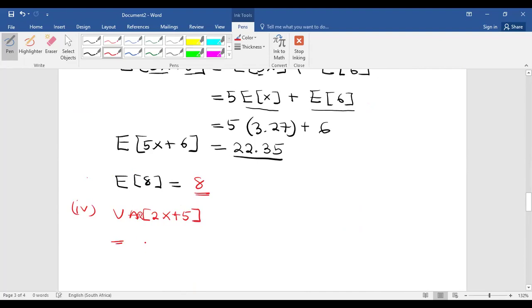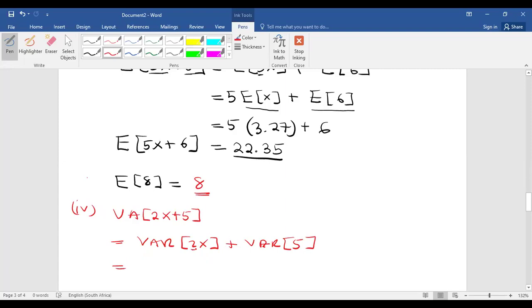We say this is equal to the variance of 2x plus the variance of 5. Then you proceed.